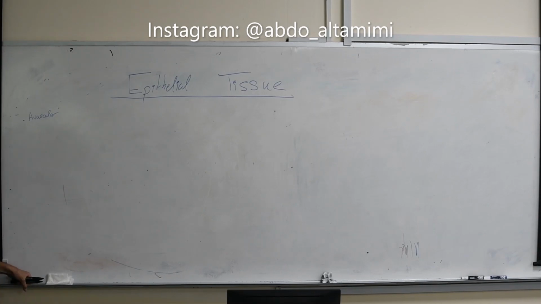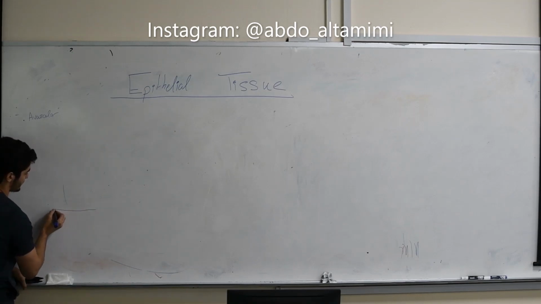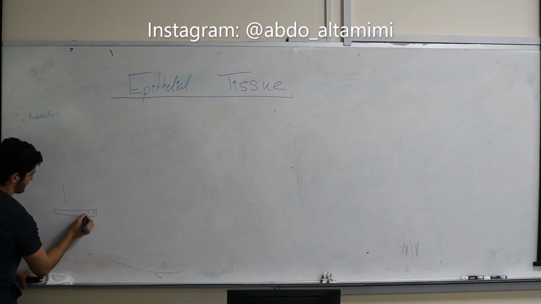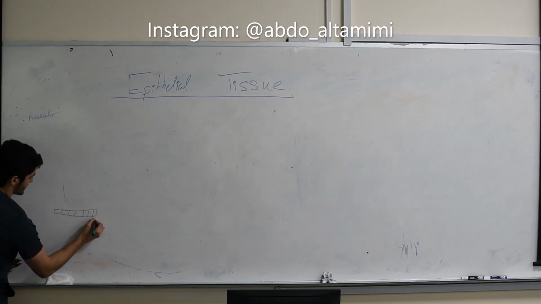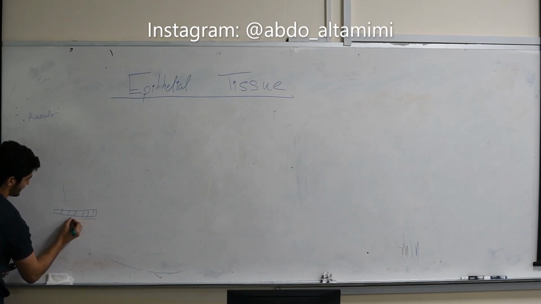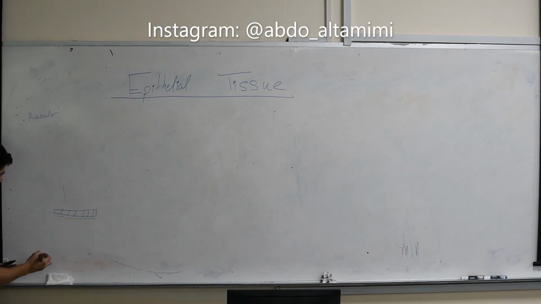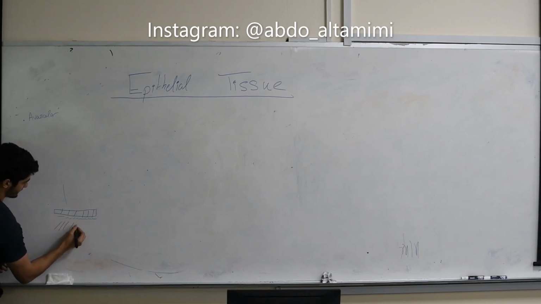If it doesn't have blood supply, it means it's either dead or it's getting its blood supply from somewhere else. But let's say this is the epithelial tissue, and below it lies something I'll talk about in a little bit. And then here we have the connective tissue.